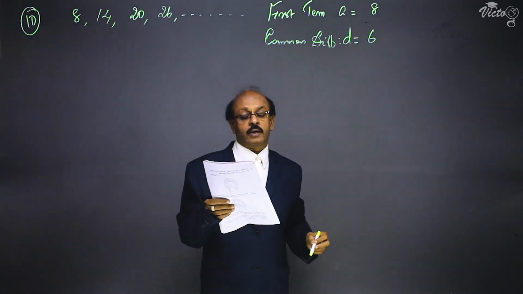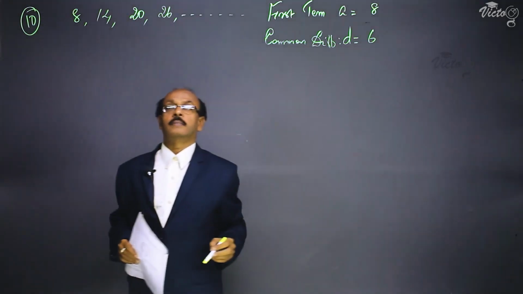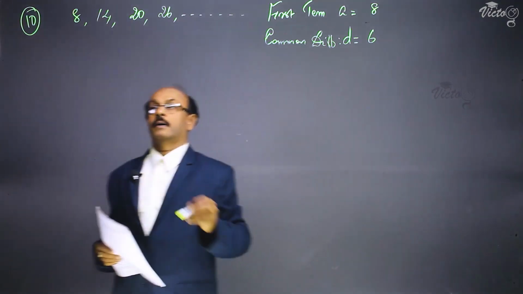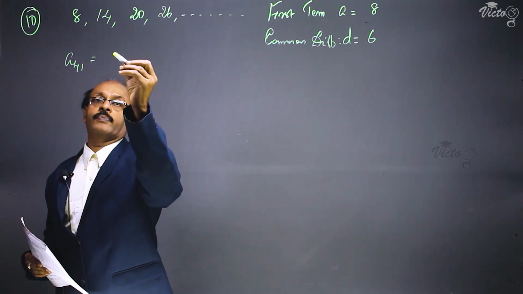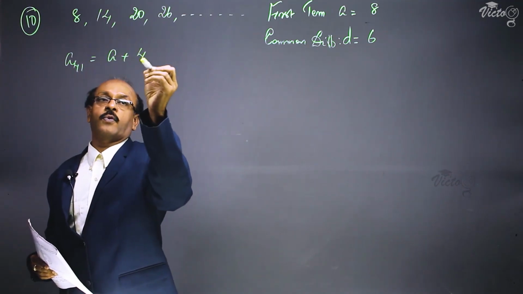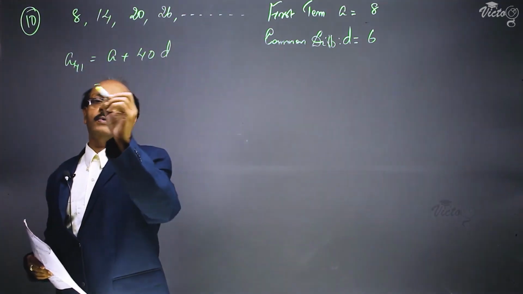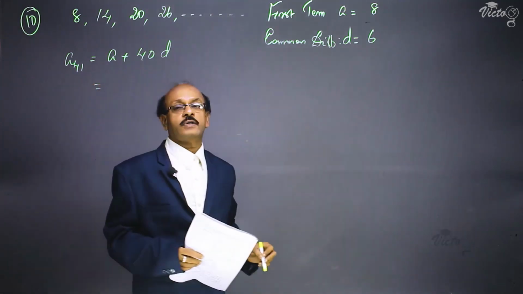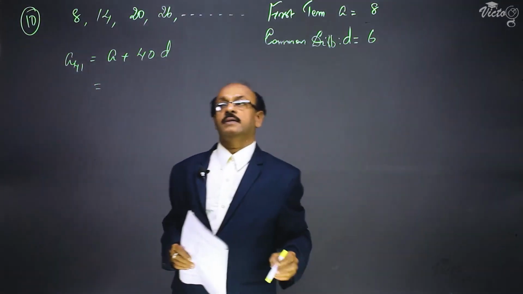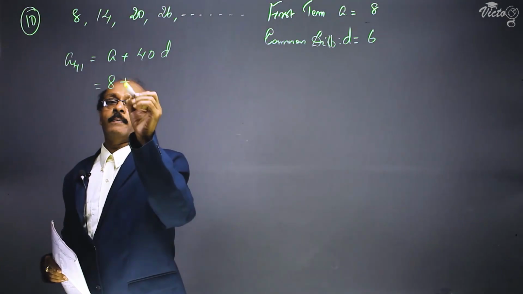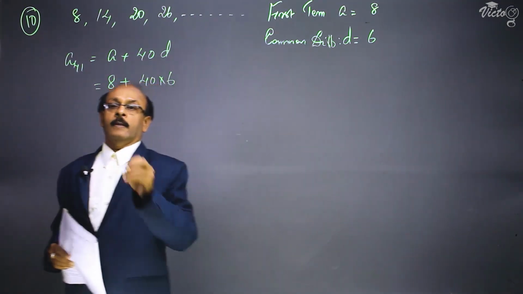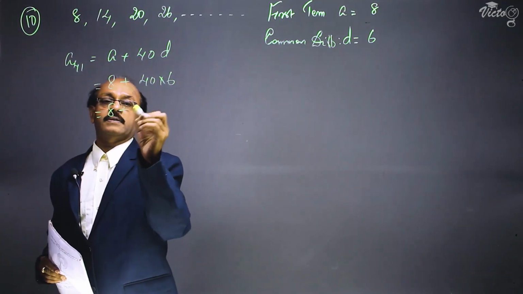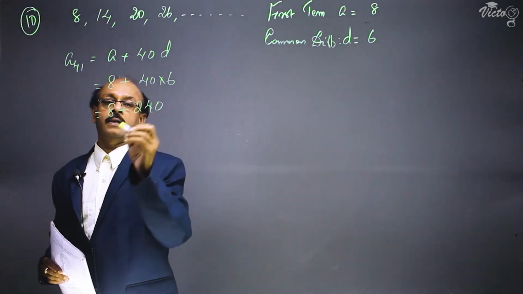Now we have to find out the 41st term, that means A41. A41 is equal to A plus 40D. This is the formula for finding the 41st term. Giving values, A is equal to 8 plus 40 into common difference 6, which is equal to 8 plus 240.